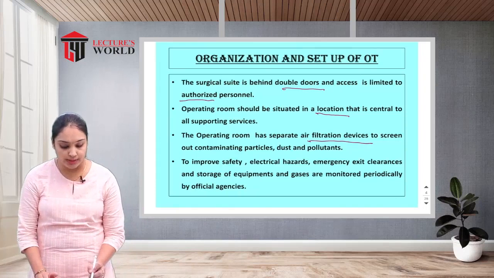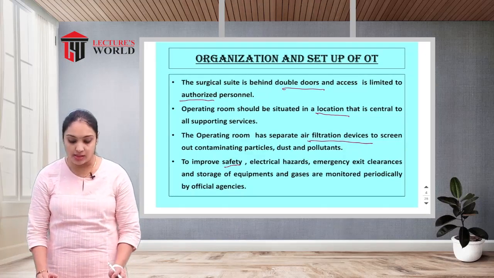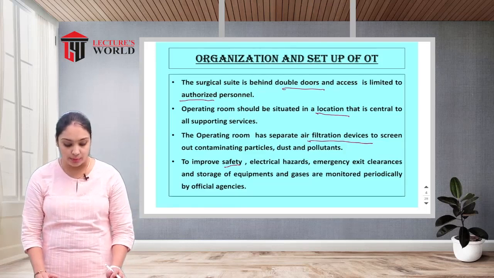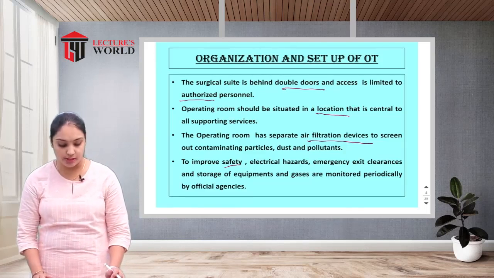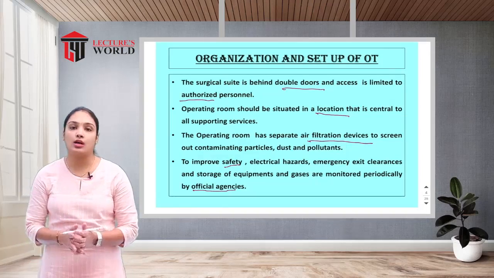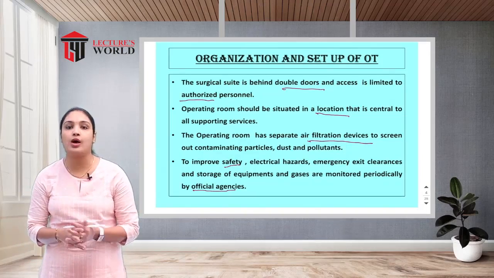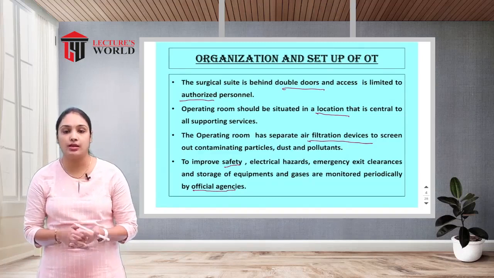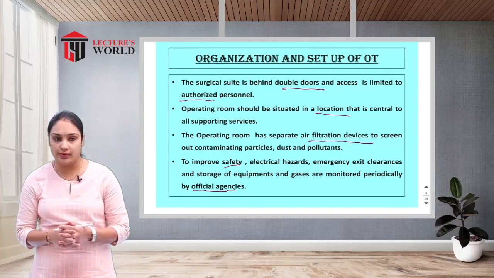To improve safety, electric hazards, emergency exit clearances and storage of equipment and gases are monitored periodically by official agencies. We have already heard about cases occurring due to alteration in the safety of patients.